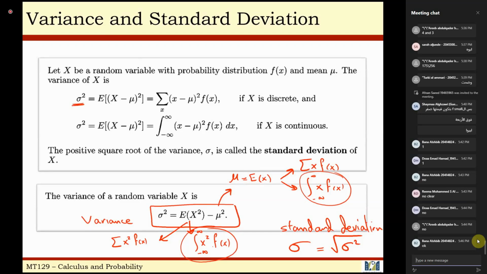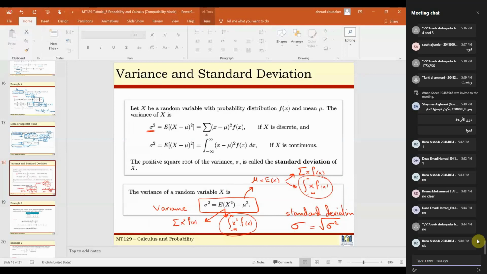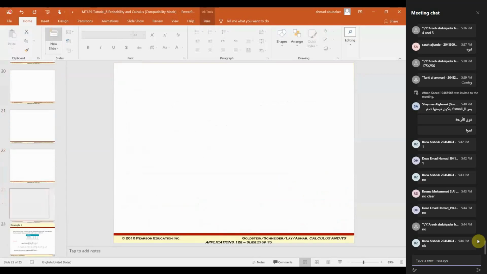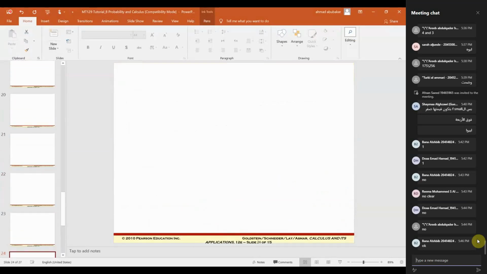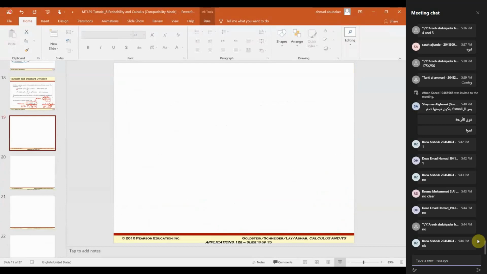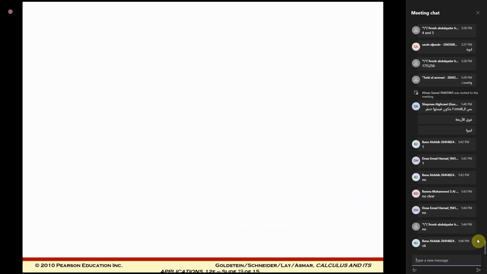Now we need to put some examples. Example in discrete.